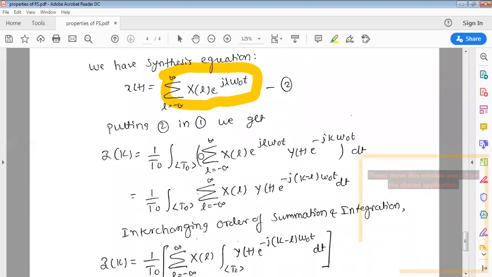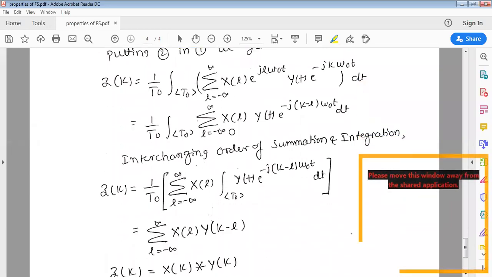Now I'll interchange the integration and summation. I write x of L as it is, y of t is brought to one side, and these two terms are separated. That is e power minus j into k minus L into omega naught t dt. There is one e power term and another e power term, and I have written both e powers on one side.